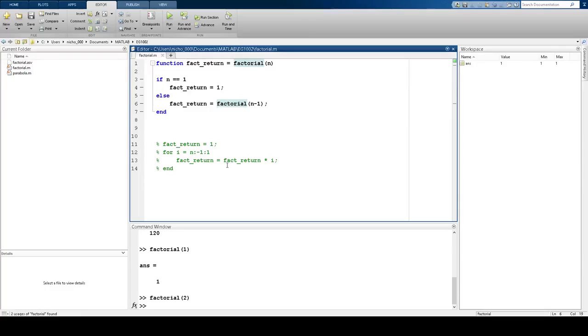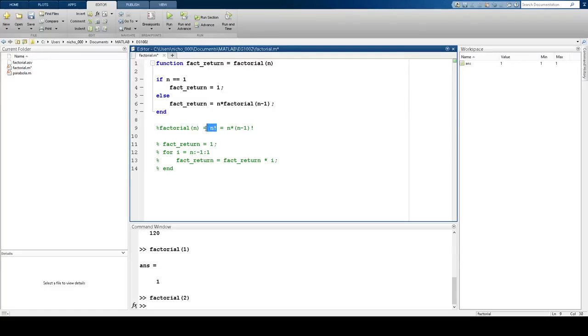Now I've got a slight bug in this, in that the fact return isn't just the factorial of the previous one, it's n multiplied by the previous factorial. I deleted the line, which I probably shouldn't have, that established that. I'll just write it out again. Factorial of n is equal to n factorial, which is equal to n multiplied by n minus 1 factorial.